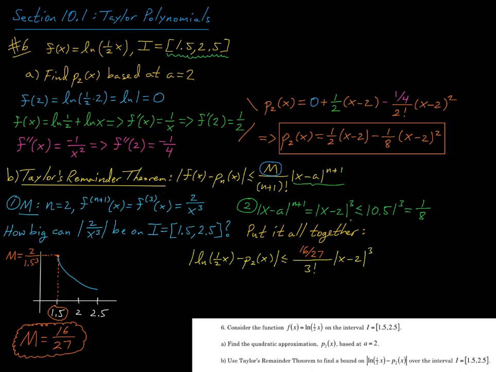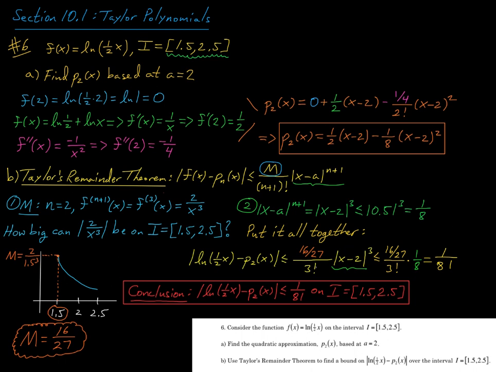And now from here we know that this quantity, the x minus 2 cubed in absolute value, is no larger than an eighth. Now you simplify this expression and you get 1/81. And so in conclusion, we find that this difference in absolute value can be no larger than 1/81 on this interval. All right, great. Well, that's going to do it. Thanks so much.